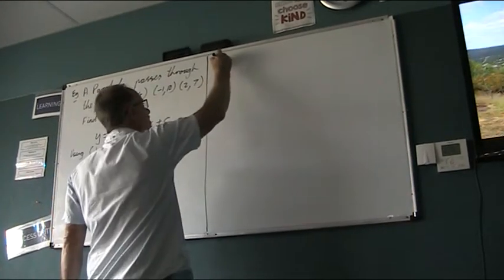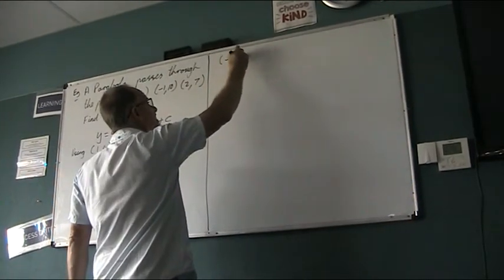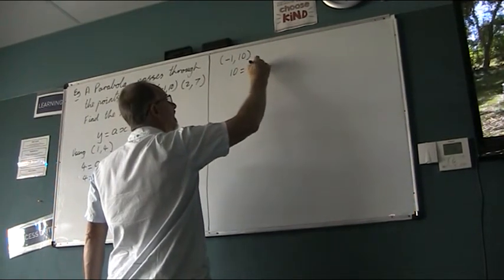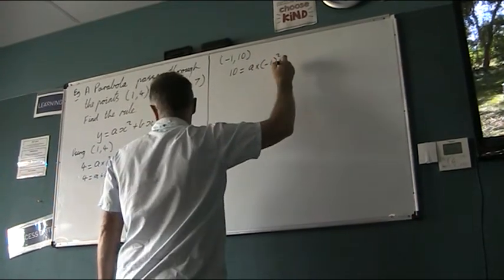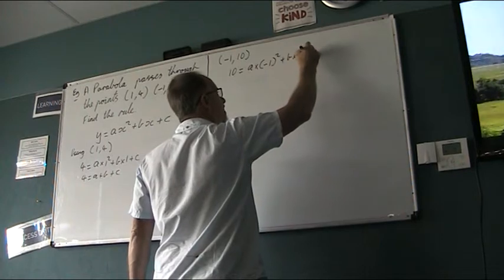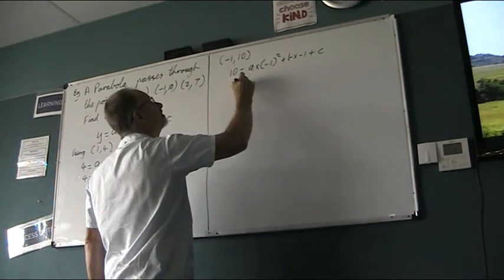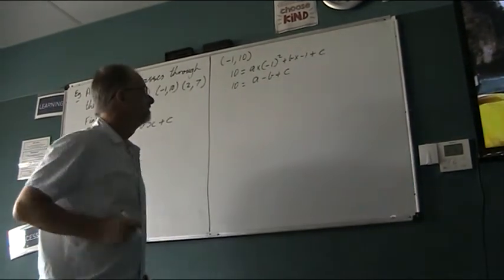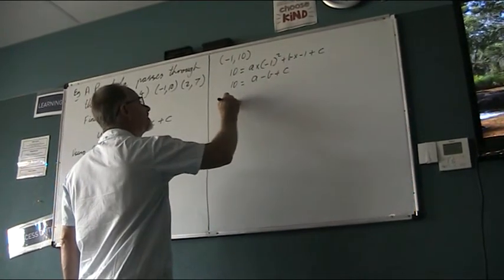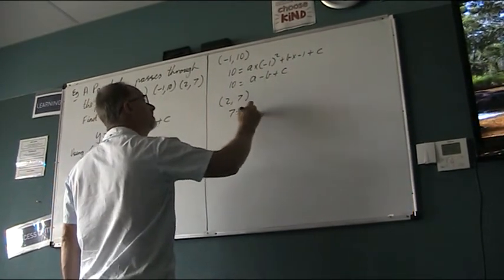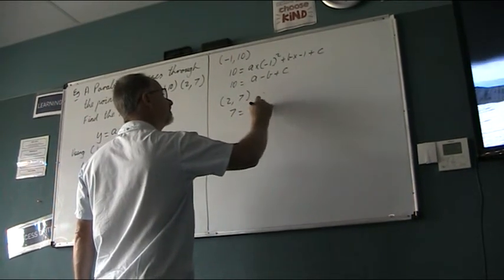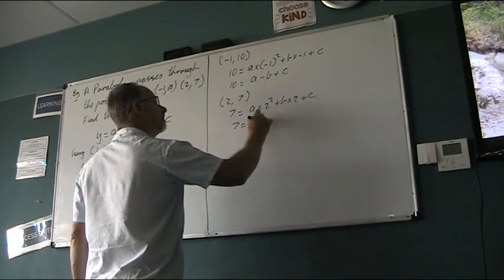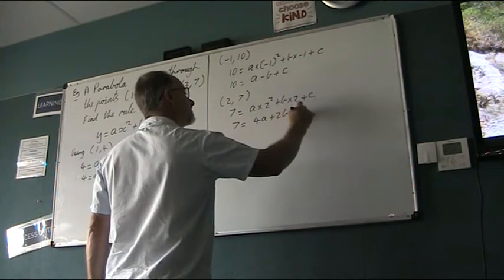When we use the next point, negative 1 and 10, we get 10 equals a times negative 1 squared plus b times negative 1 plus c. So you get a minus b plus c. And the last point we've got there is 2 and 7. So y is 7, x is 2. a times 2 squared plus b times 2 plus c, 4a plus 2b plus c.